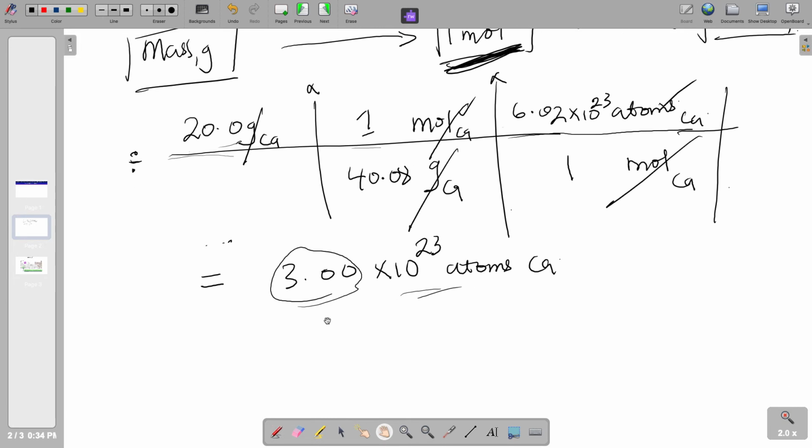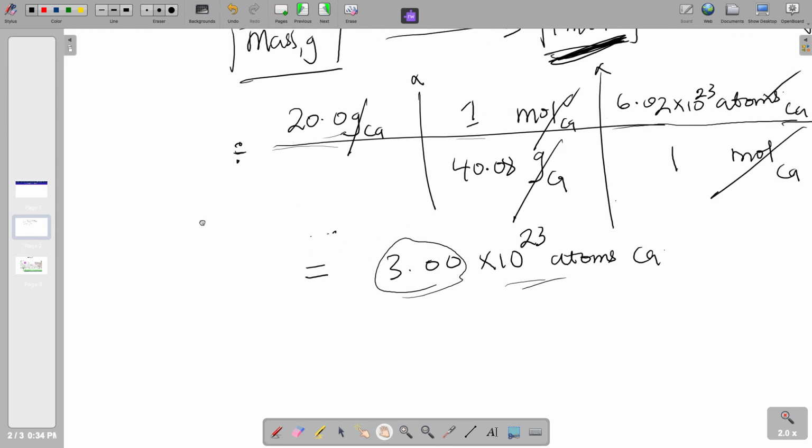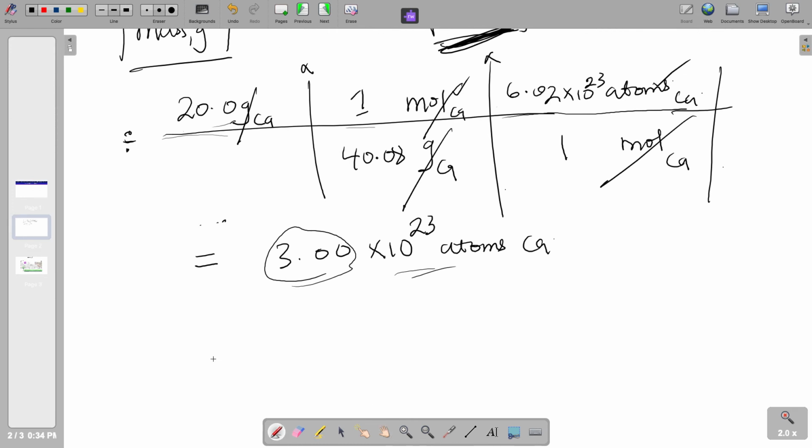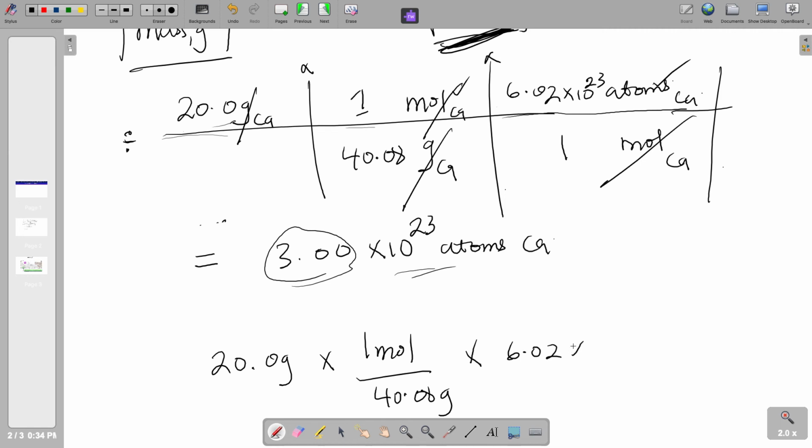Now we can translate this same calculation in the form of an expression by replacing the horizontal lines with the division bar and the vertical lines with multiplication. So we can rewrite this as 20.0 grams times 1 mole divided by 40.08 grams, then times 6.02 times 10 to the power 23 atoms over 1 mole.